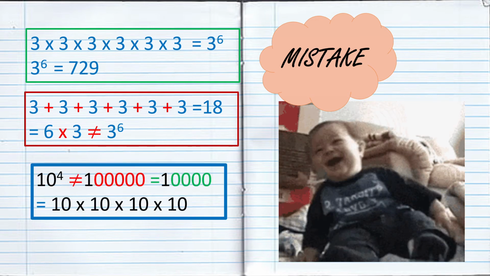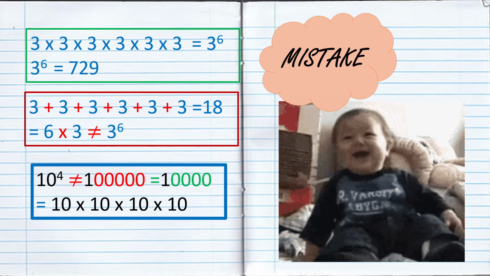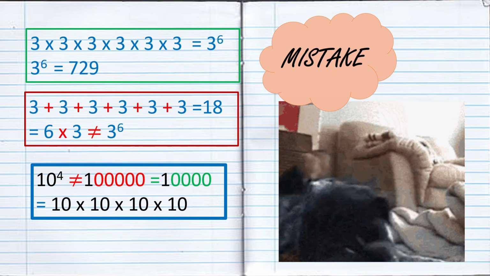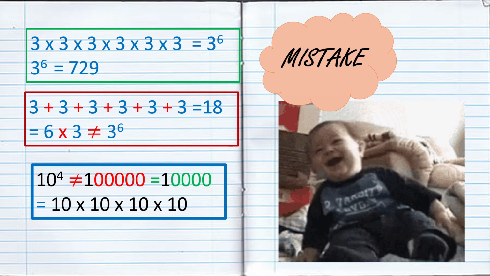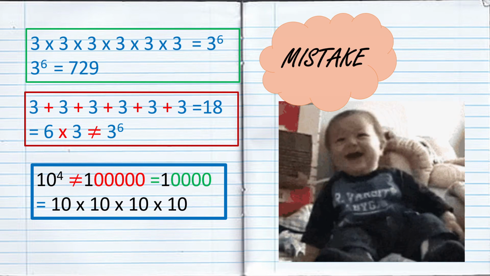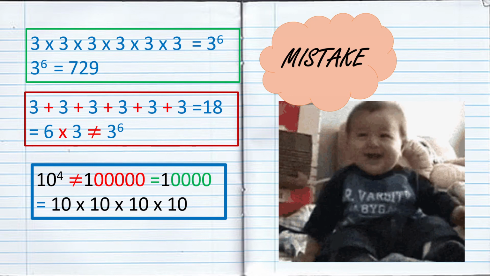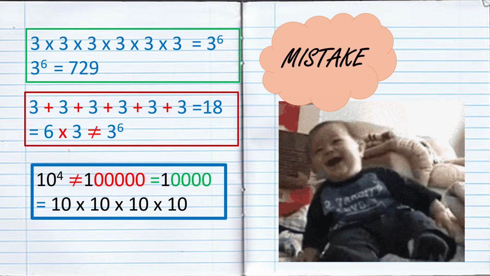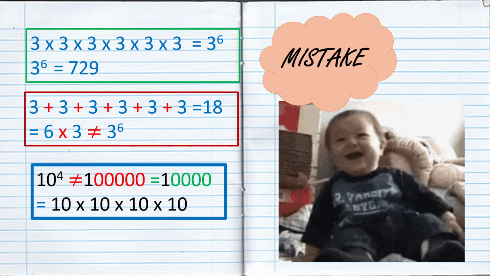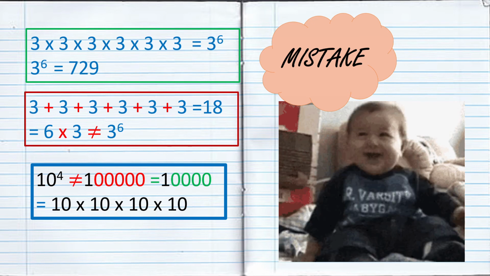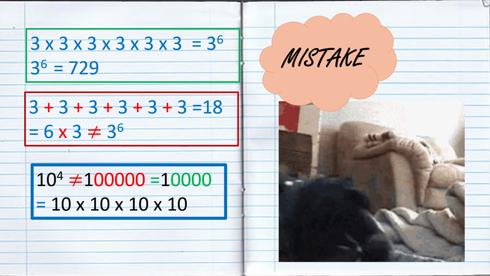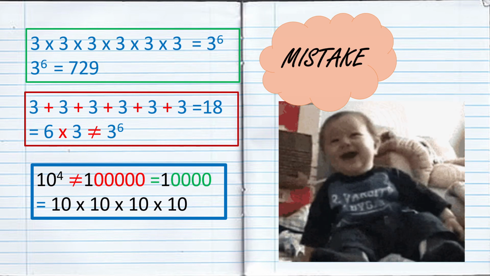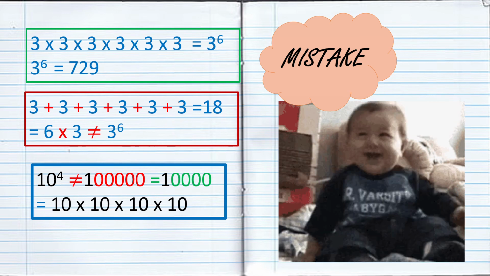One more mistake we make: when we have to expand 10 raised to the power 4 or any such number, we write 5 zeros after 1, or we take that 1 0 and then 4 zeros for the 4. But this is incorrect, because 10 to the power 4 means 10 is multiplied 4 times. So only 4 zeros will be there. Don't let Pintu laugh at you.